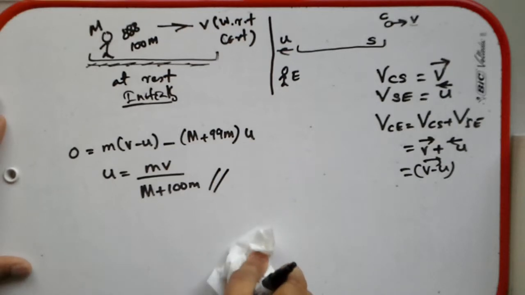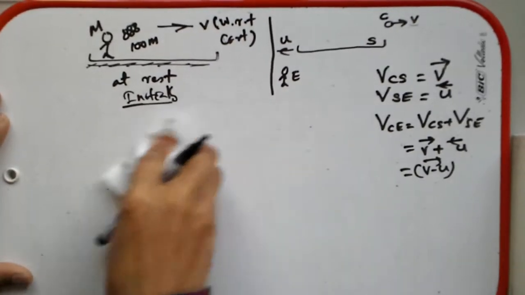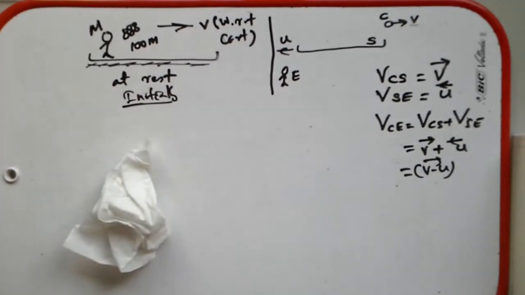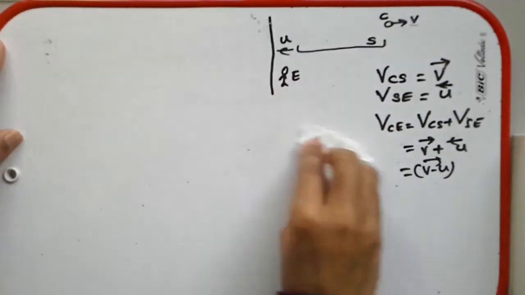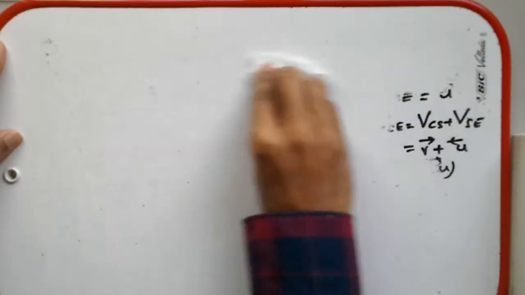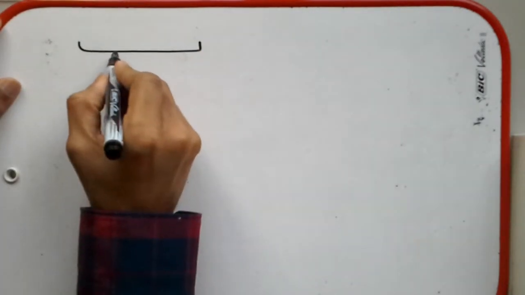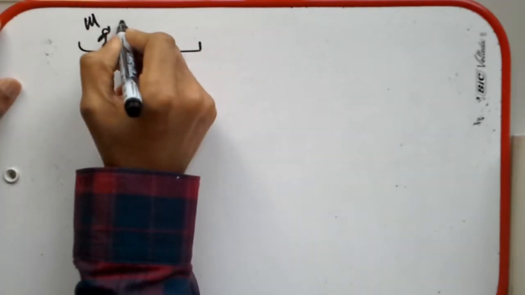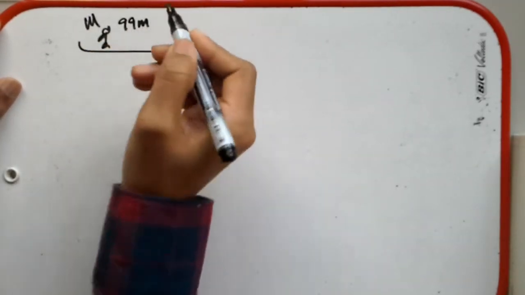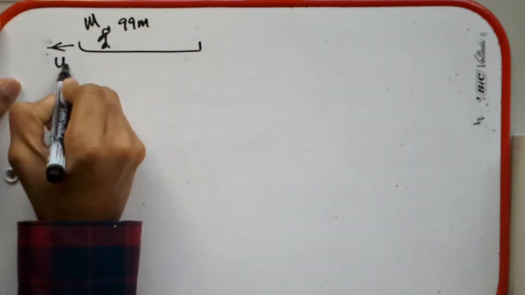Now he is throwing the second marble. I'll erase everything because I don't have a lot of space here. So now the person is here, his mass is big M. Now he's holding 99 small m, and this cart is moving initially with the velocity u.